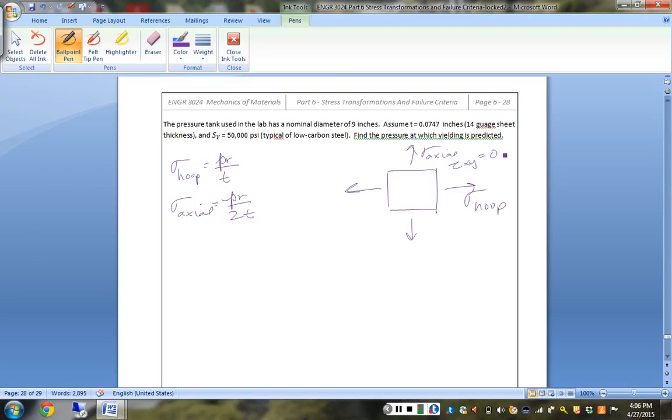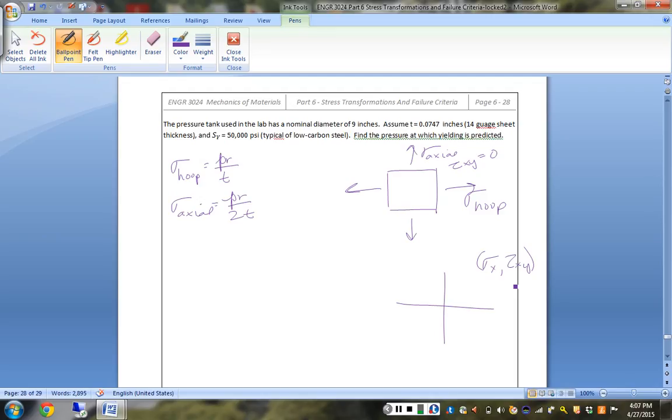And what's the definition of the case when you have principal stresses? If we were to draw Mohr's circle, what's the first point that we put on Mohr's circle? It's our x stress and our tau xy.